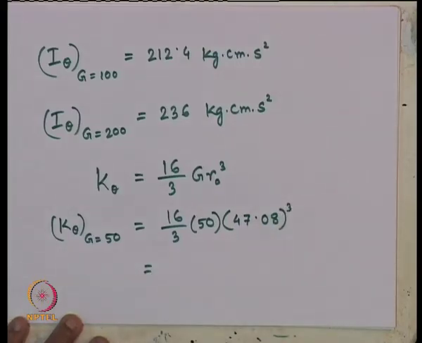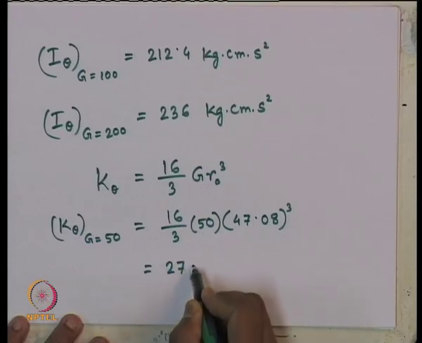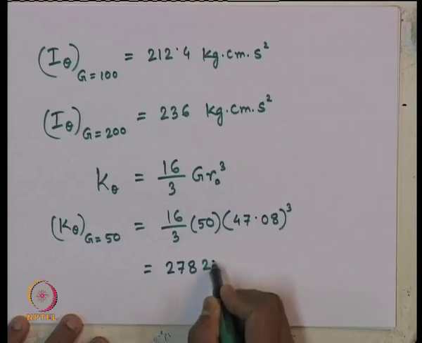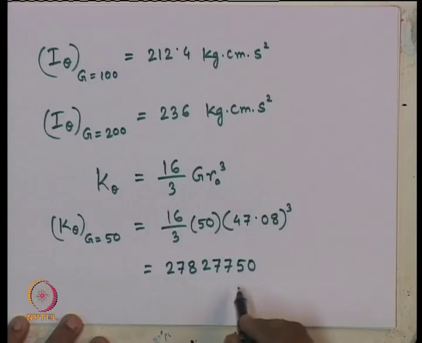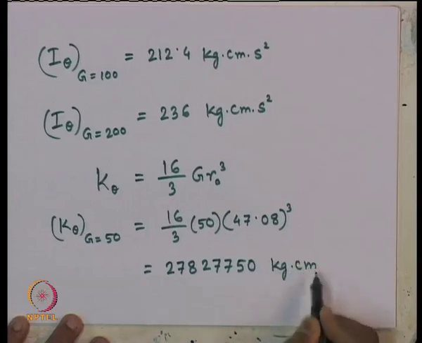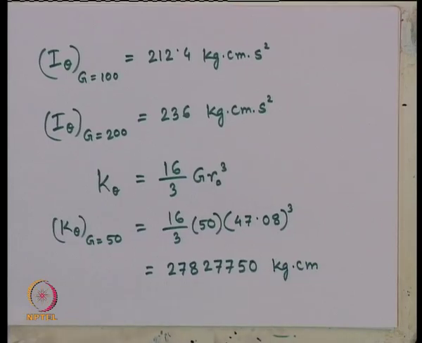How much are we getting? 27827750. Okay. What is the unit? Kg force centimeter. Again, this is a torsional spring, so it should have this unit.